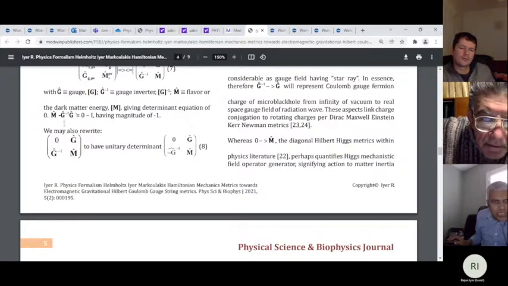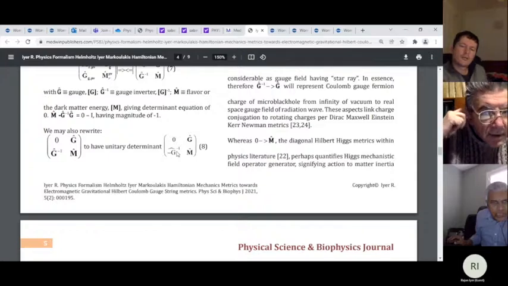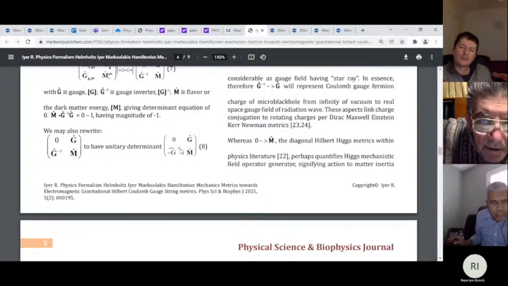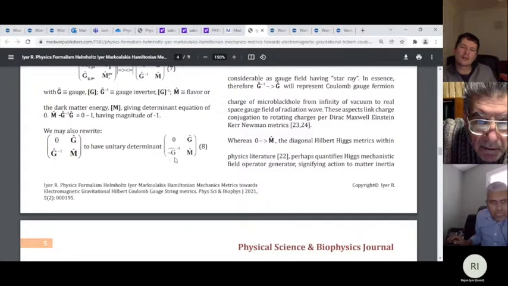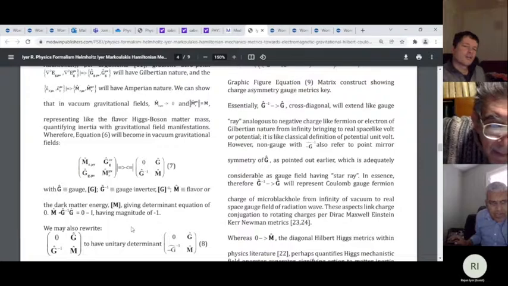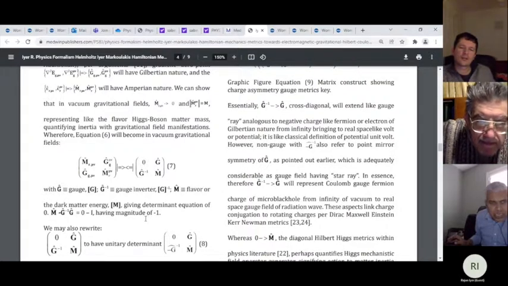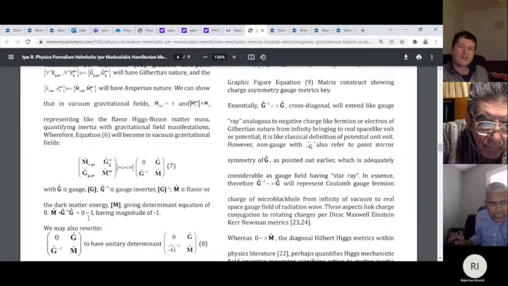Yeah. So using the determinant, I can convert this, and I can say this is negative G to the inverse. So there's an inverse relationship here, and also negative G, and I can calculate the determinant of that, which is negative I, the magnitude of -1.